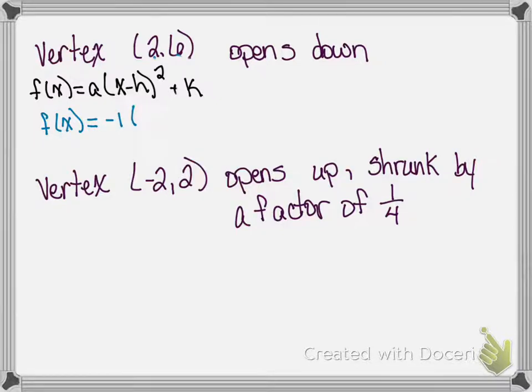What's my h value? 2. It's 2. Okay? Now, it's +2 here, but it's x minus 2 here. Okay? Just like we do with a circle. And what's my k value? 6. Okay?